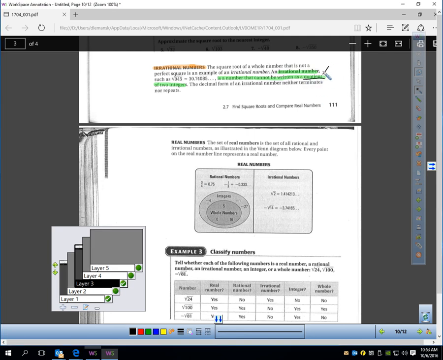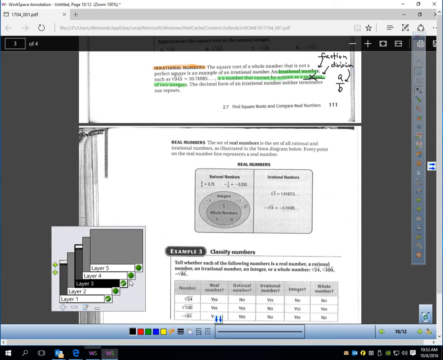Quotient means division, and doesn't division mean, like, if I write something like that, isn't that a division? So this is saying irrational numbers are those that cannot be written as a, instead of quotient, think of it as fraction. Irrational numbers are those that can't be written in fraction form.